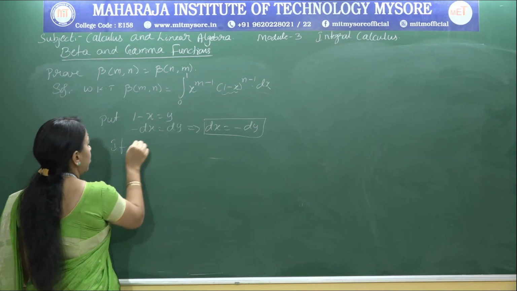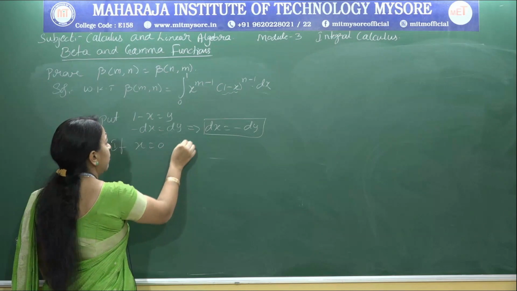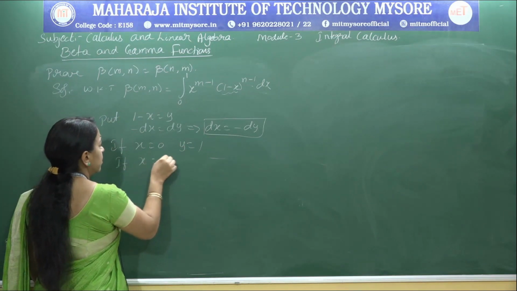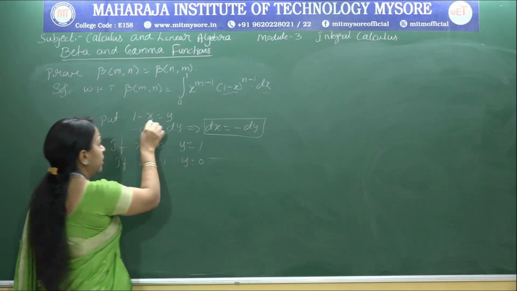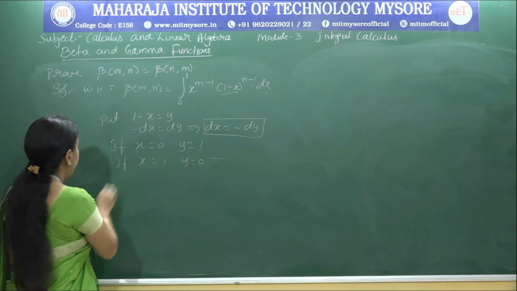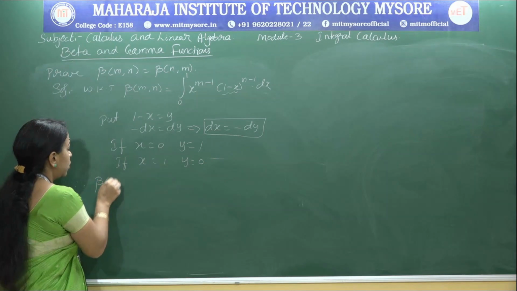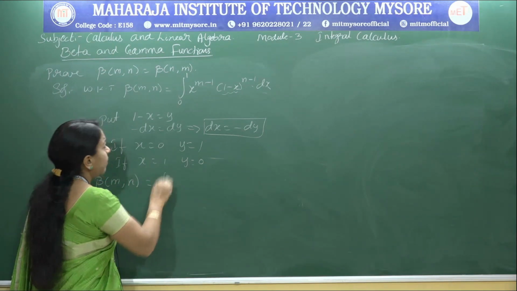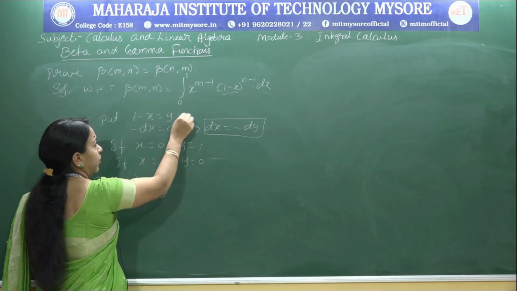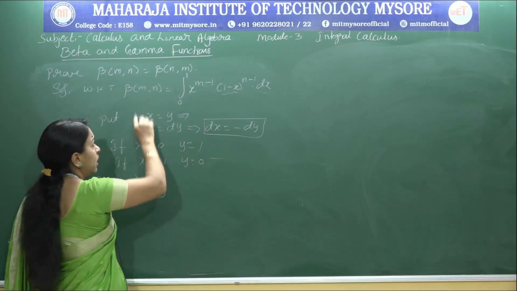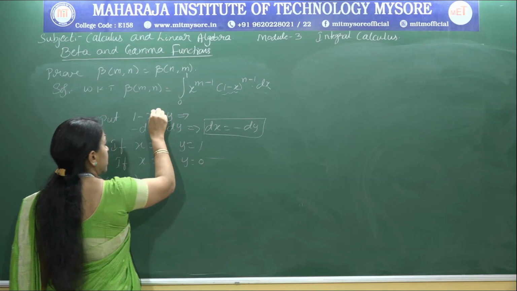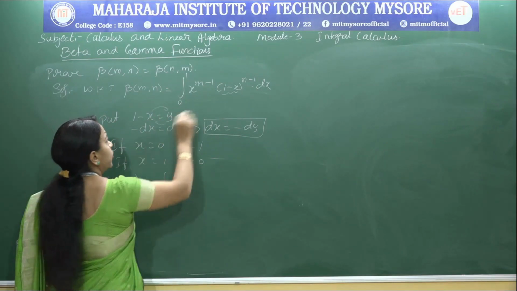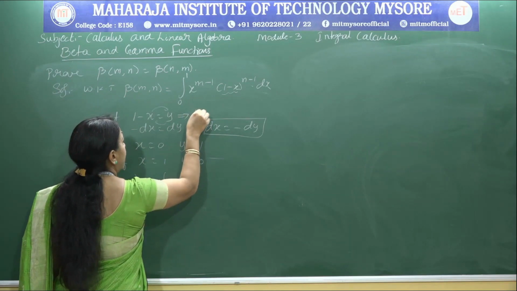If x is 0, the lower limit, y is 1. If x equals 1, y is 0, since 1 minus 1 is 0. Therefore, the above equation reduces to beta m comma n equal to integral of, so what is our x?